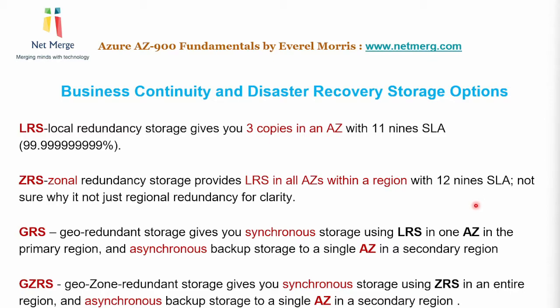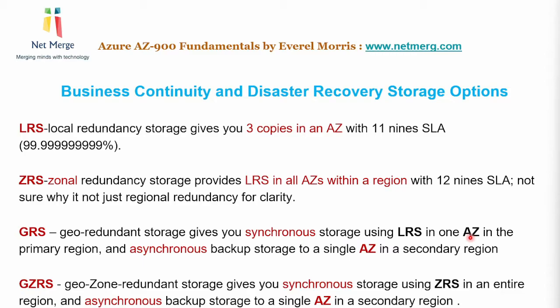Now let's take a look at GRS and geo redundancy. I spoke about this before as well. Now I'm going to talk about it in detail briefly. Geo redundancy storage gives you synchronous storage using LRS in one AZ. So synchronous storage means real-time storage. You're getting it LRS, meaning 3 copies in one AZ in the primary region.